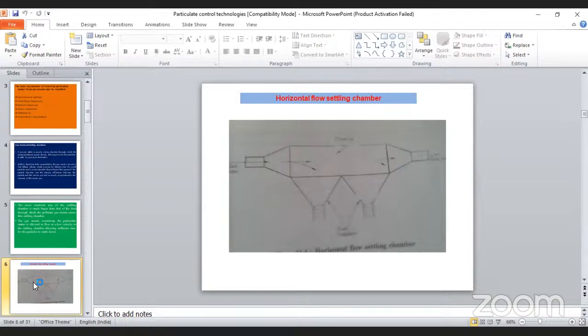Then the flow is maintained at a very low velocity, so it can be retained and the system can also work continuously. There are batch type designs and continuous type designs. In such a way, the system works to collect dust particles from a gas stream containing a lot of particulate matter.